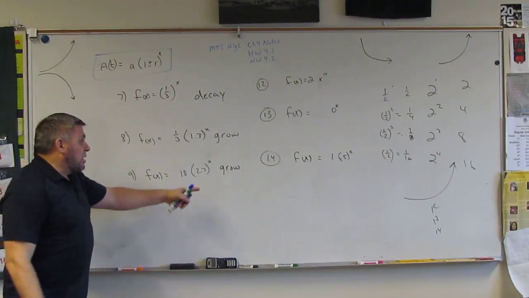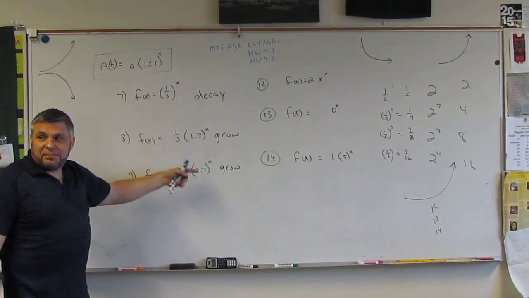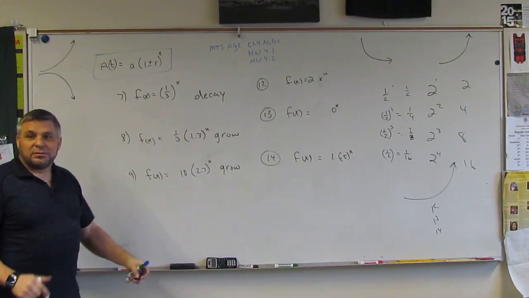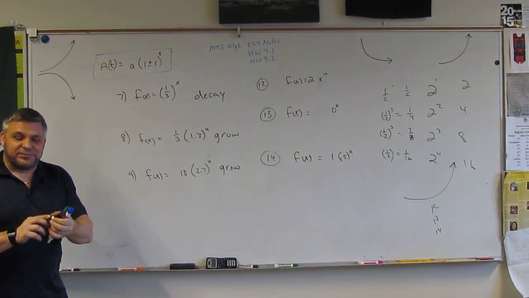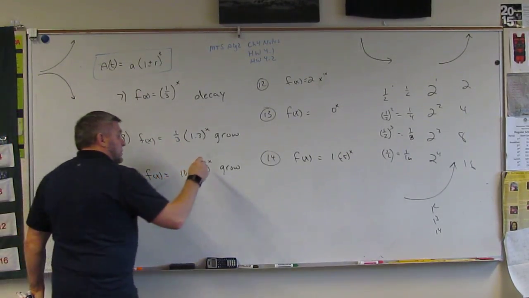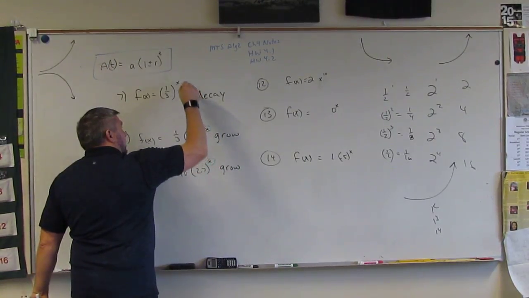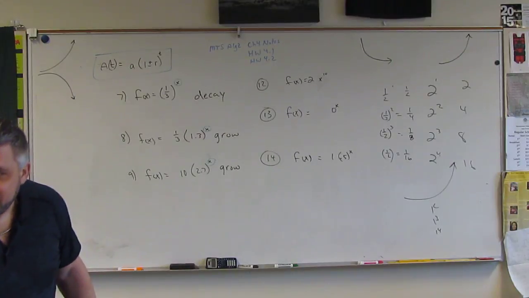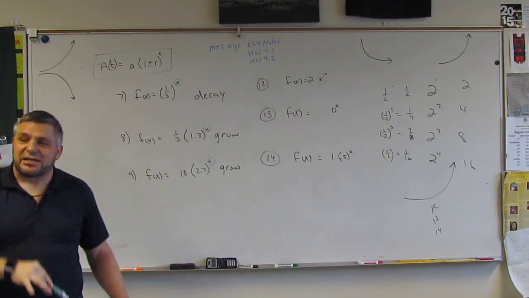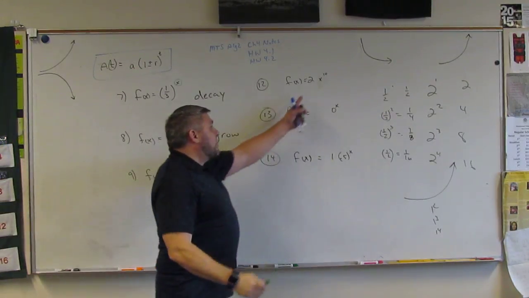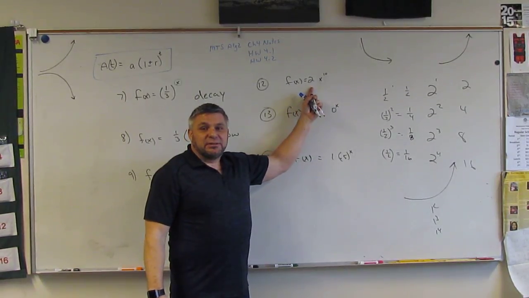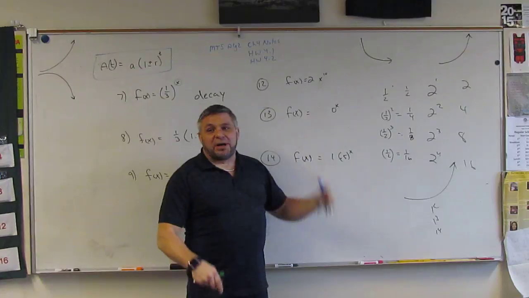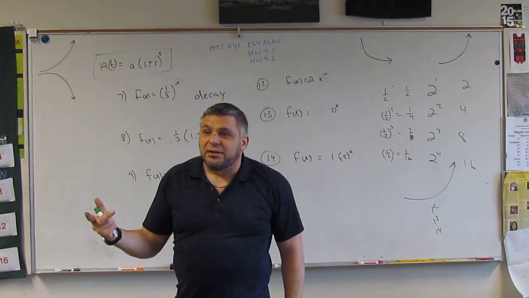These are all exponential, right? Why are they exponential? Why are they exponential functions? The variable is the exponent. That's what makes it exponential. So is the variable an exponent? No. So this is just a polynomial to the 10th degree, right?